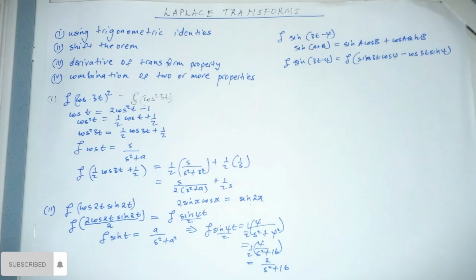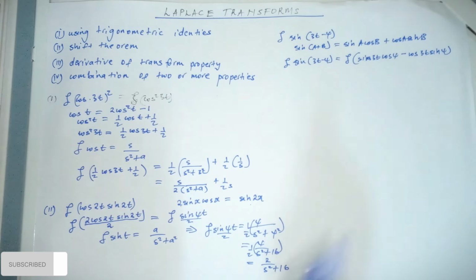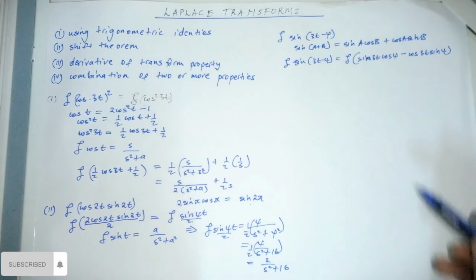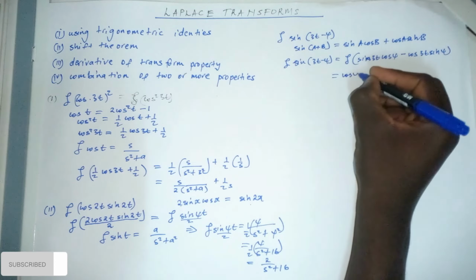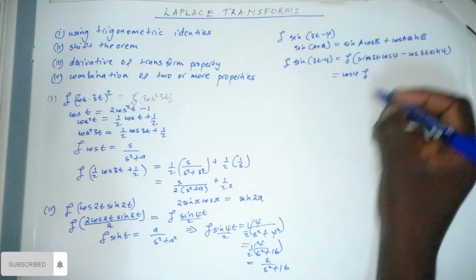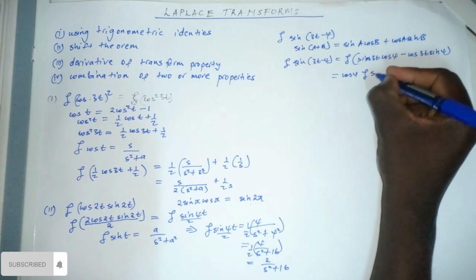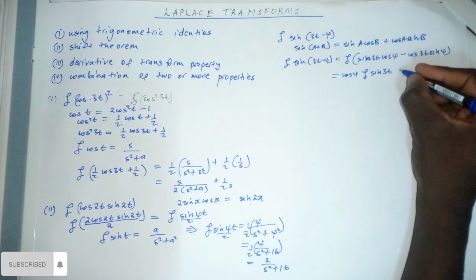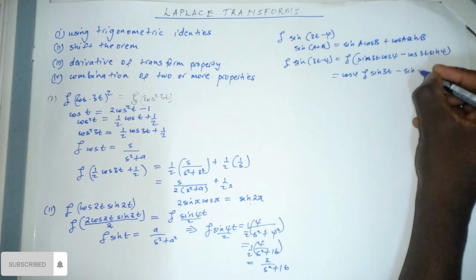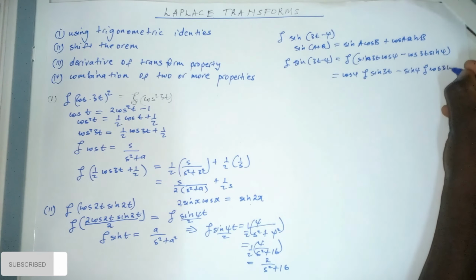And you should see that cos 4 and sine 4 are just constants, like numbers. You can evaluate that using a calculator, or you can just leave them like that. So here I'm going to write cos 4, I'm going to pull it out of the Laplace transform: cos 4 times the Laplace transform of sine 3t, and here minus sine 4 times the Laplace transform of cos 3t.